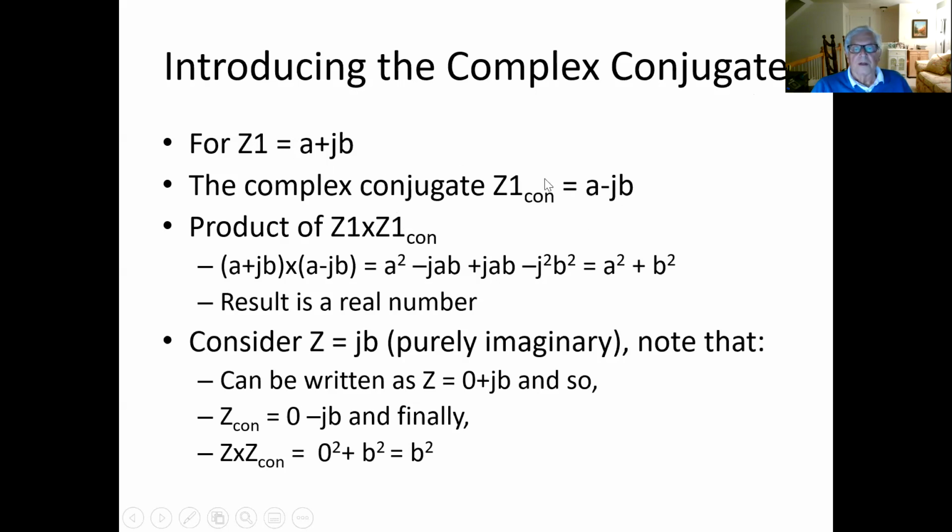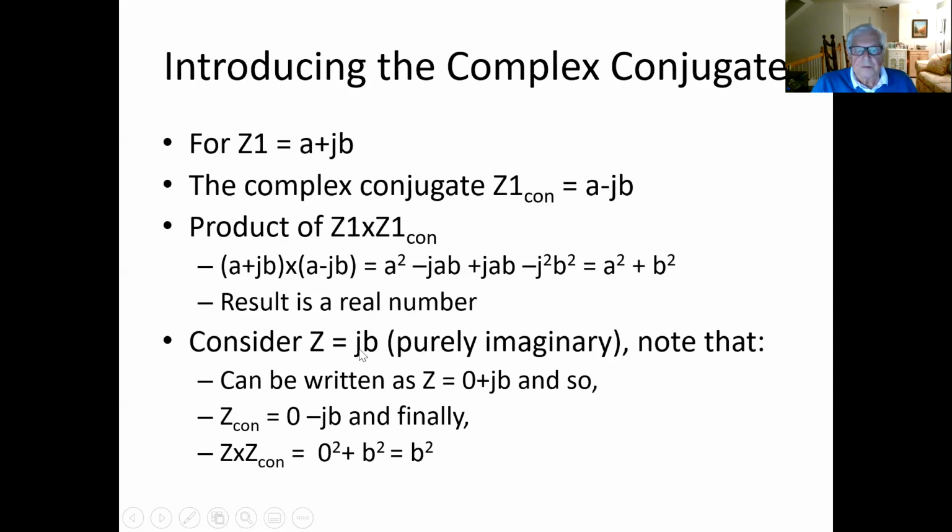If this were A minus JB, then the complex conjugate would be A plus JB. So let's see what happens if you multiply a complex number by its complex conjugate. You find out that you get a real number given by the square of the real portion added to the square of the imaginary portion. So you get a real number.